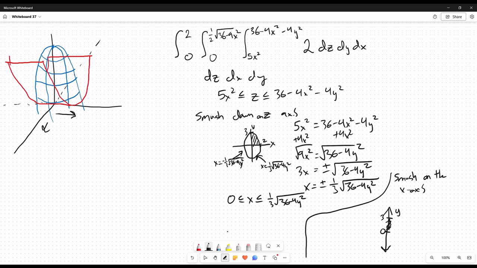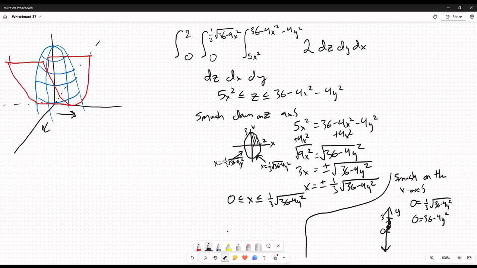So if you needed to solve for that being 3, you could solve where 0 equals 1/3 square root of 36 minus 4y squared. And you would eventually get 36 minus 4y squared equals 0.